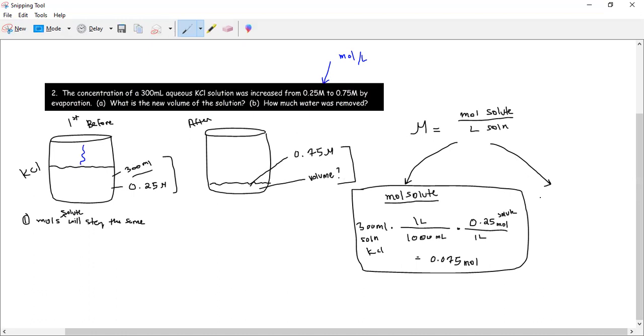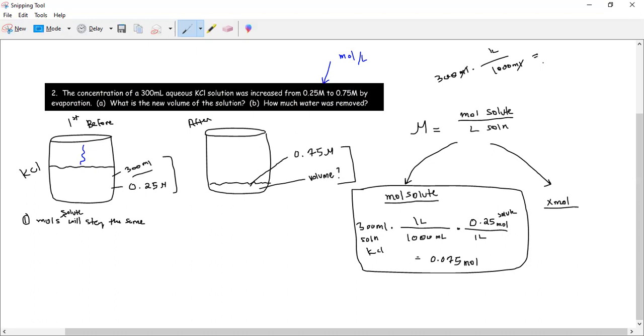So that would look something like this: we're solving for X moles, mole solute divided by a liter amount. We're given milliliters. So if we take 300 milliliters and convert that to liters, knowing that 1,000 milliliters is 1 liter and 1 liter is 1,000 milliliters, these would cancel out.